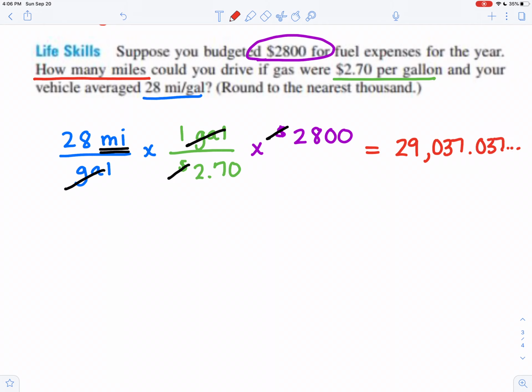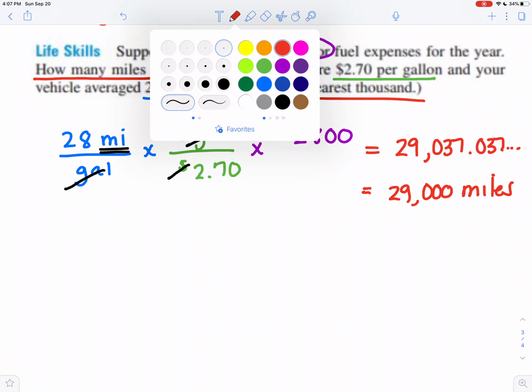But if I look at my rounding, it says round to the nearest thousand, not thousandth, thousand. So if I round this to the nearest thousand, then I'm going to report this as 29,000 miles that can be traveled on $2,800.